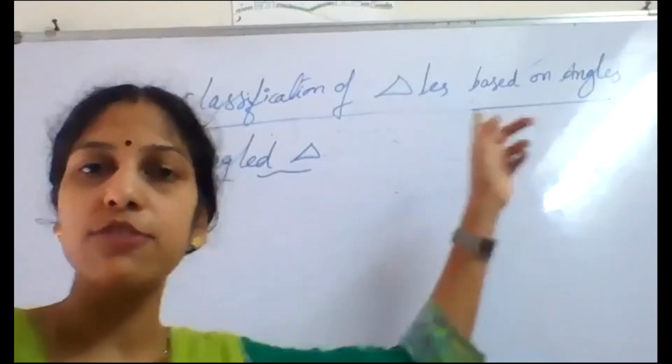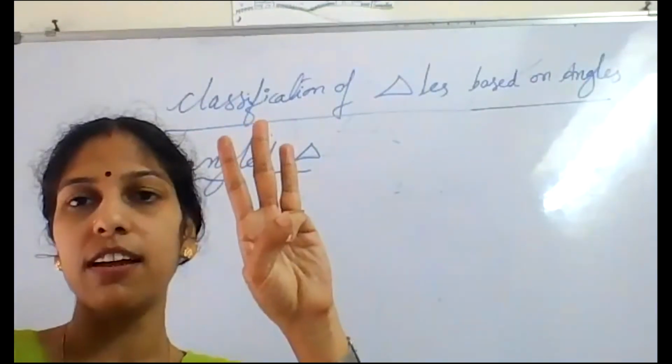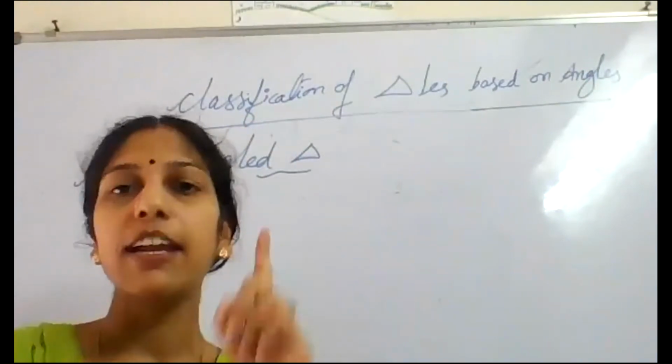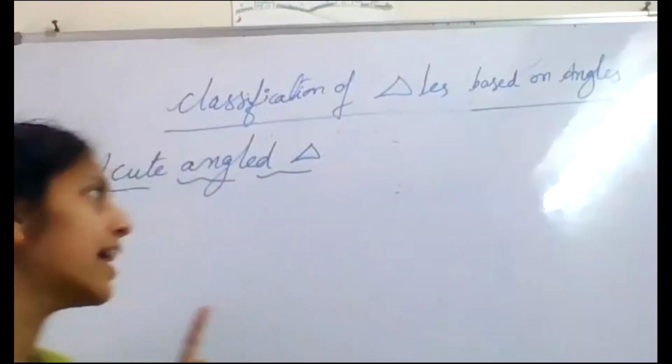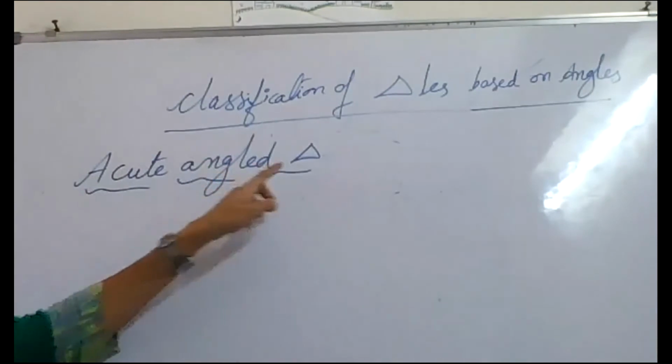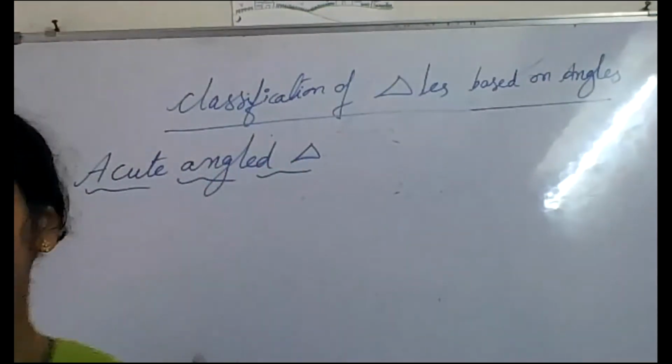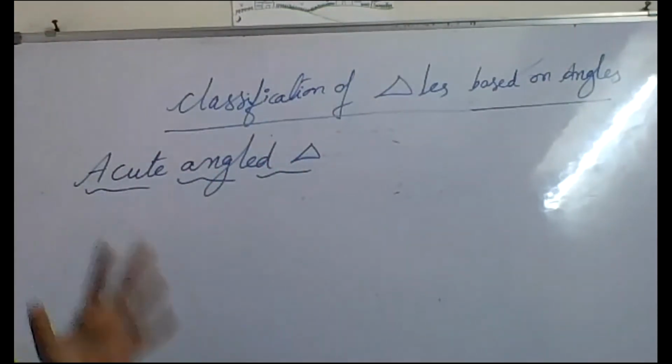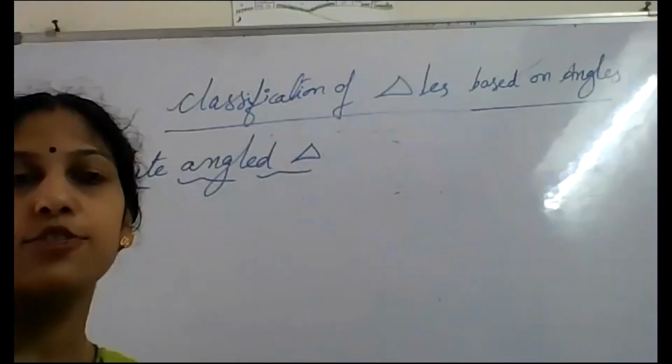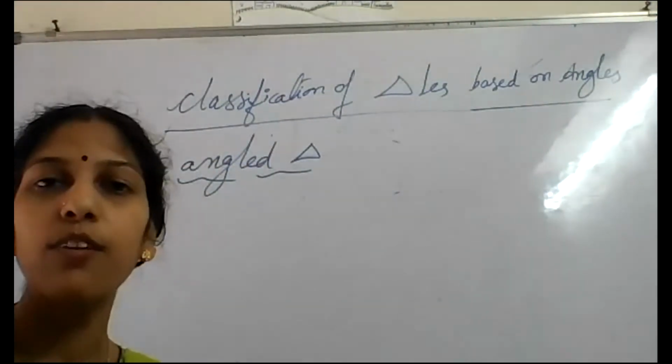In the same way, based on angles also you have three. First one is acute angled triangle. That means in a triangle, all the angles should be acute angles only.